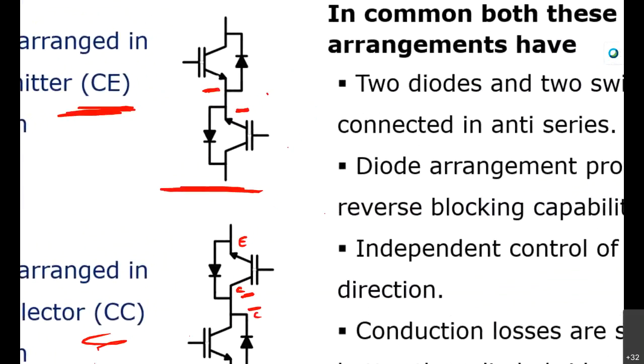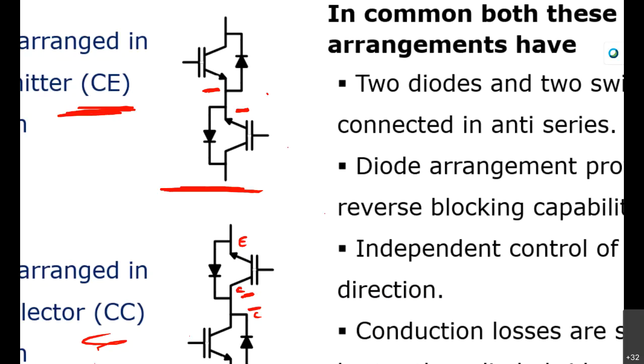So which one is normally preferred? Which is the preferable choice, common emitter or common collector? Or I will ask you, how is the gate pulse actually connected in an IGBT? Where is the gate signal connected?